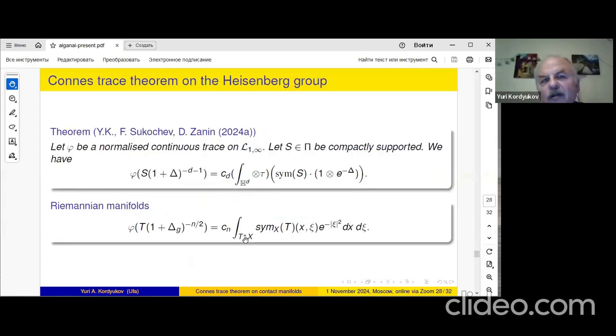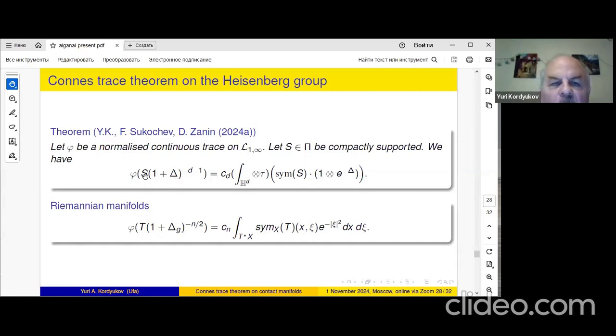And once we have this, we can now write the Connes trace formula for pseudo-differential operators on the Heisenberg group, exactly in the same way as we did before. So again, we consider our sub-Laplacian on the Heisenberg group.